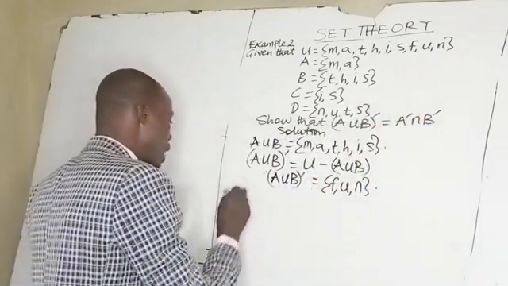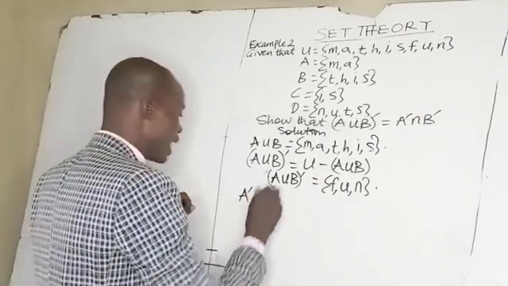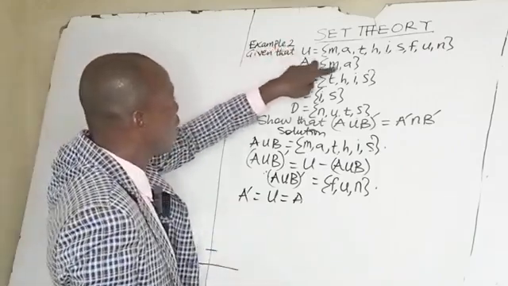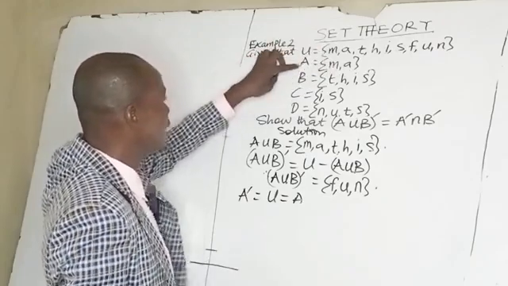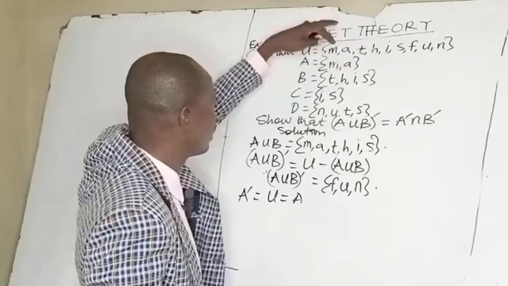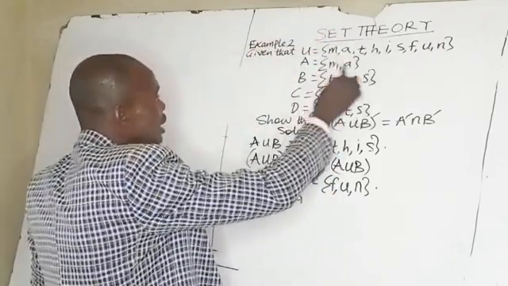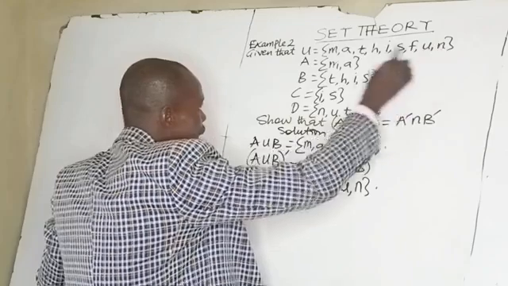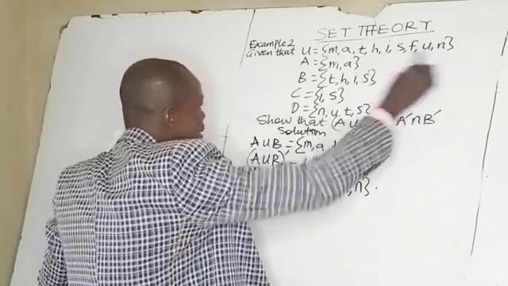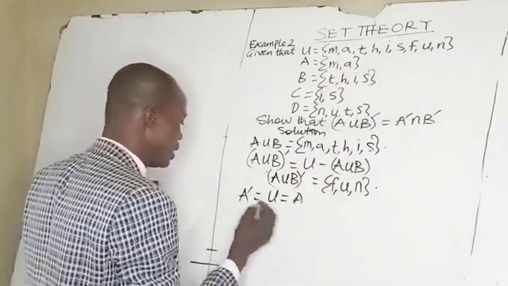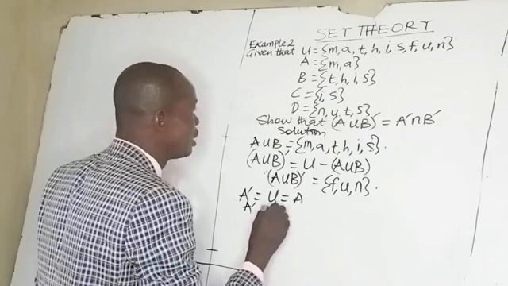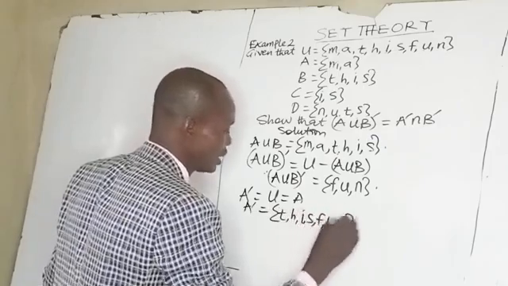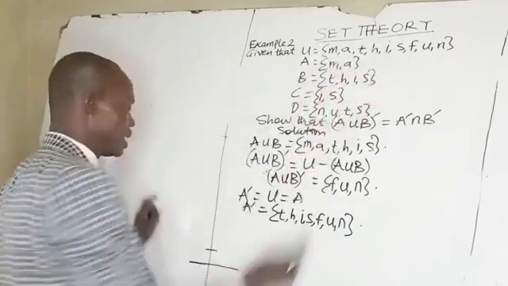So you have A prime, anything in the universal set that is not in set A, that is universal set minus set A. You only have M and A in set A. Remove this from the universal set, then you'll be left with T, H, I, S, F, U, N. So the A complement will be T, H, I, S, F, U, N. That is what you have in universal set that are not in set A.